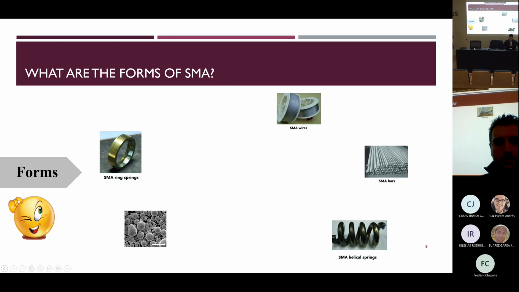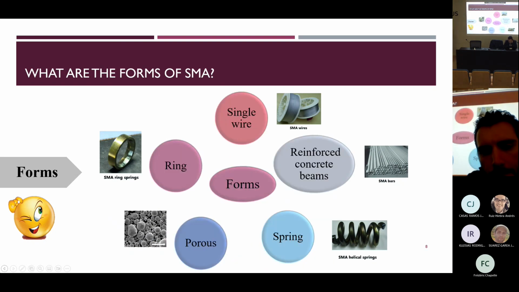Where can we find shape memory alloy? We find it as sensors, as rings, wires, and we focus on wires, reinforced concrete beams, springs, and porous. Porous is the powder of shape memory alloy.